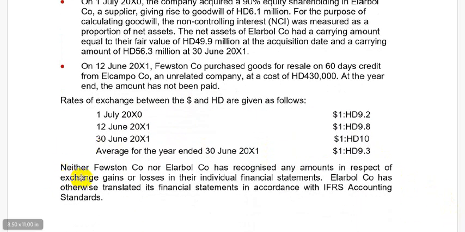You are further told neither FCO nor ECO has recognized any amounts in respect of exchange gains or losses in their individual financial statements. ECO has otherwise translated its financial statements in accordance with IFRS accounting standards.